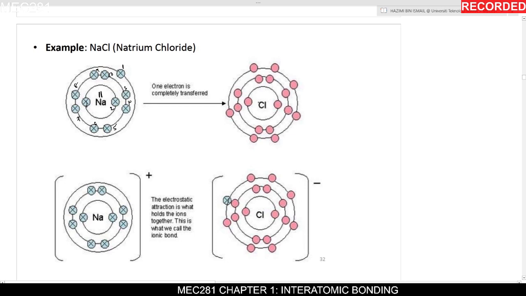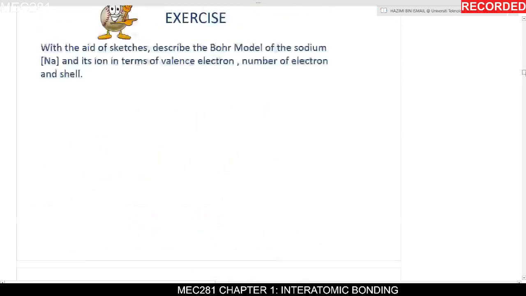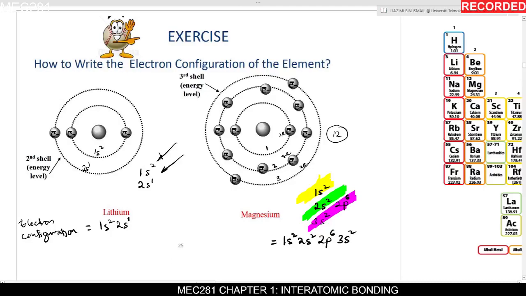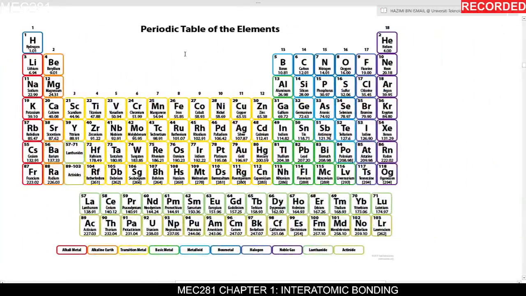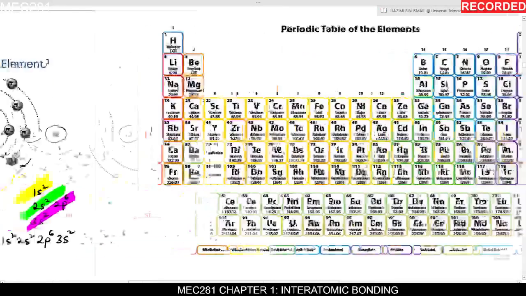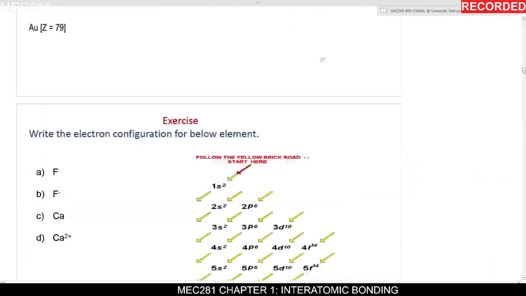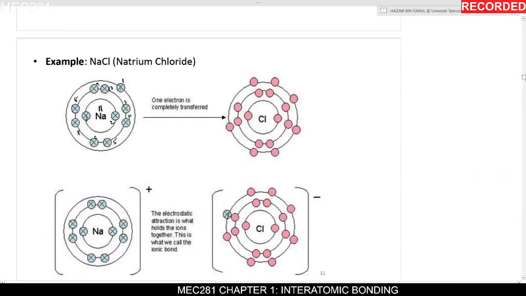So chlorine here. How many electrons are in chlorine? You can also check the periodic table if you do not remember. It is 17. So there are 17 electrons in chlorine.